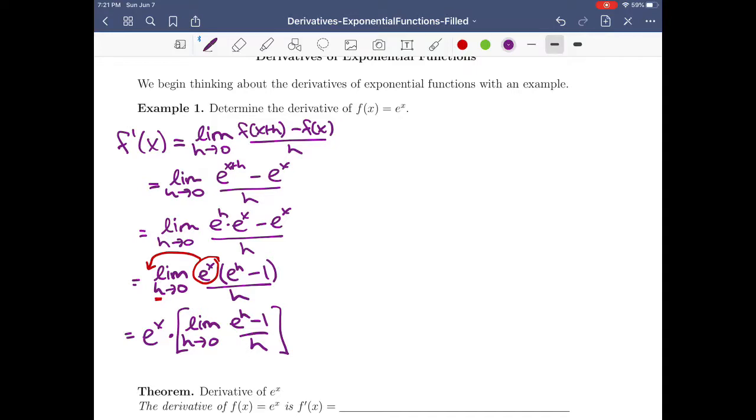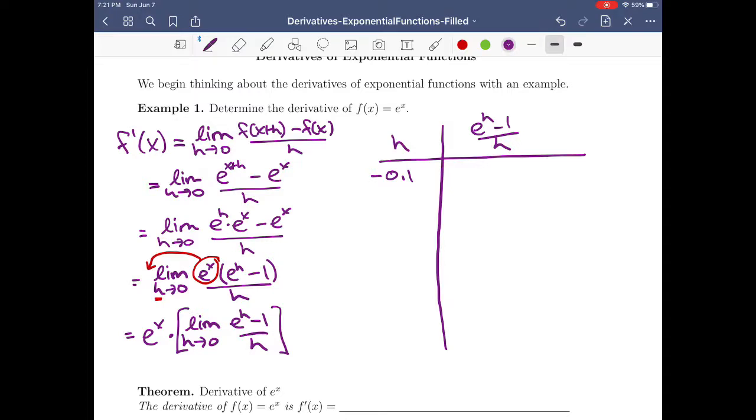But we can use our old technique of trying different numbers. Let's see what e to the h minus 1 over h is approaching for different h values. Let's start with negative 0.1, which is kind of close to 0 on the left-hand side. I'm not going to show you the work here, but if you plug this in, you get 0.9516.